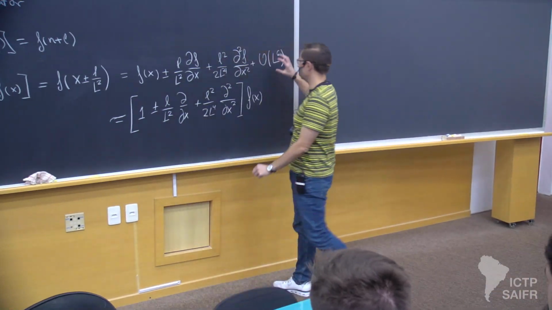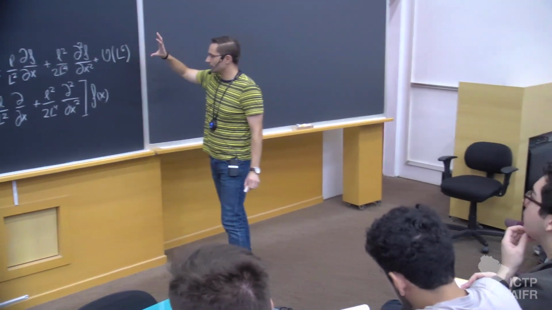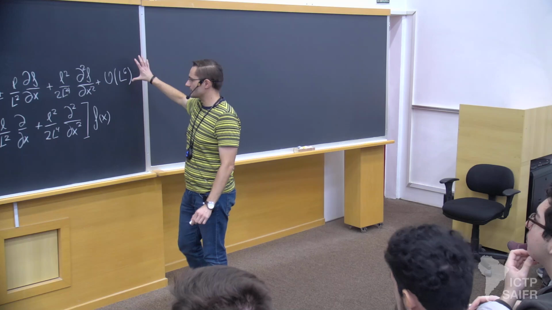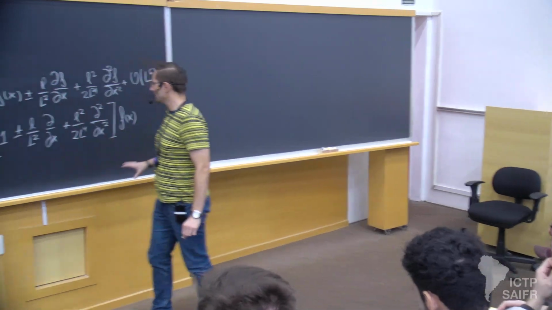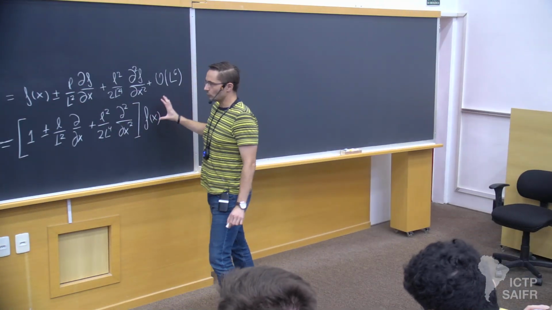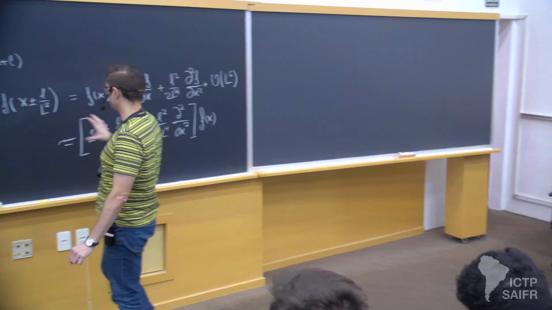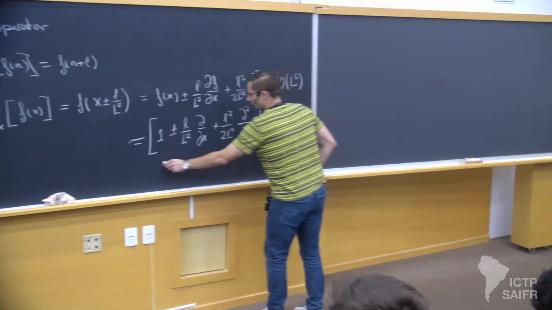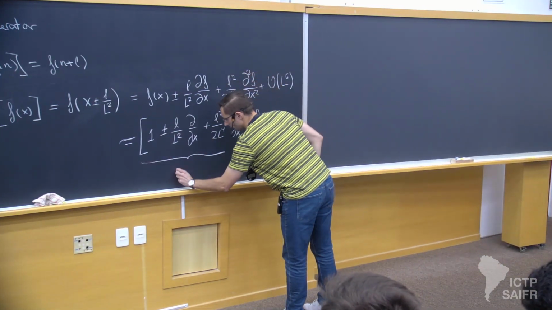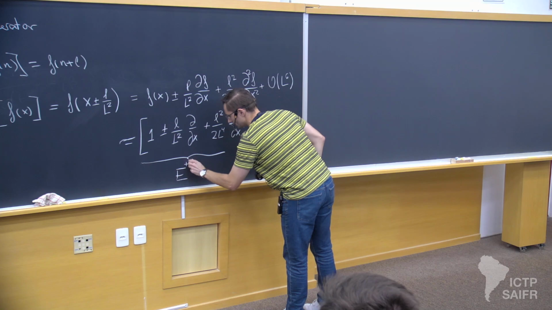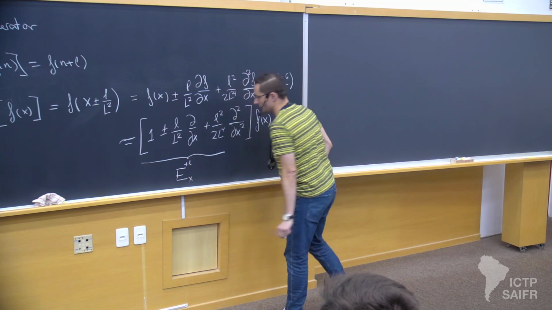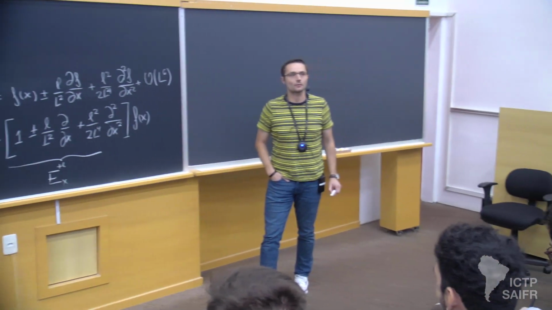So if I stop my expansion at order L to the power of 6, then I can rewrite it in a way that will very easily allow me to identify this as the expansion of my step operator over x, right? Yes, question.